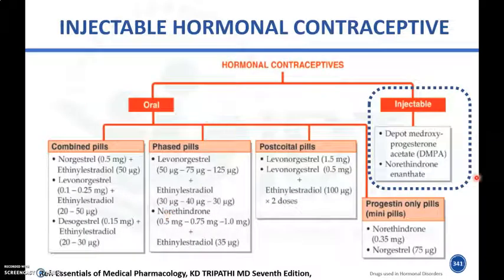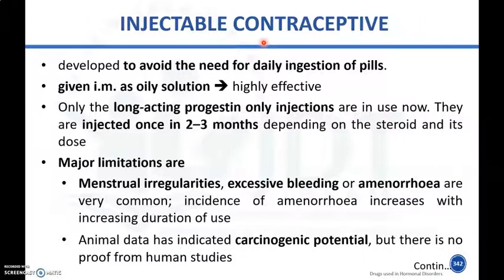So this is all about the hormonal contraceptive pills. Now there are some other types of hormonal contraceptive, like injectable hormonal contraceptives. Usually these injectable contraceptives are developed to avoid the need of the daily pill. As we mentioned before, oral contraceptive pills have to be taken for 21 days.